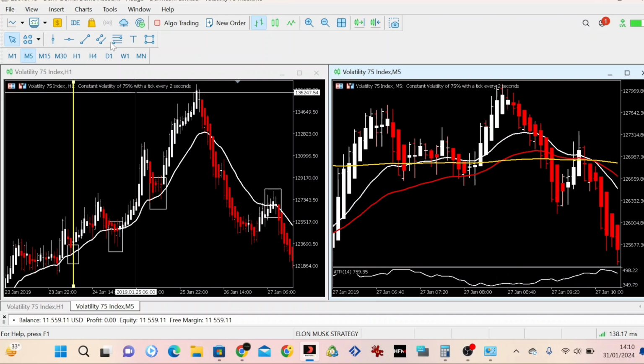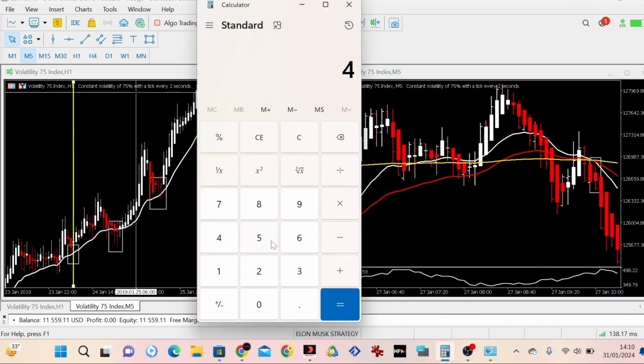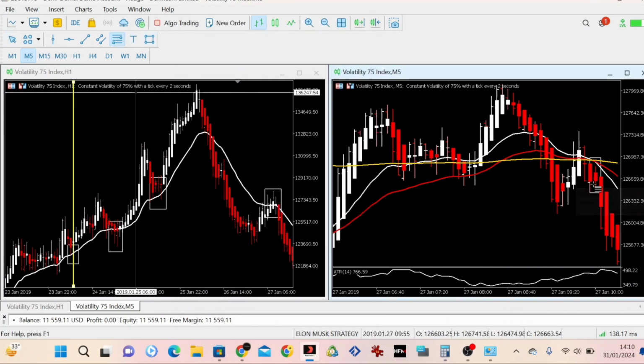So the entry is on this candle. Then we check the ATR value, that is 450 multiplied by 2, that is 900. So entry with a 900 pip stop loss.